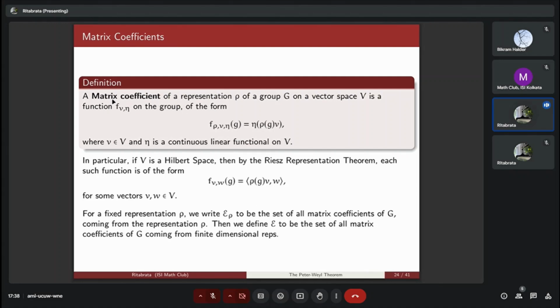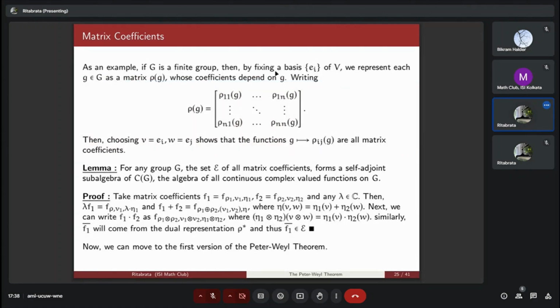So why do we call them matrix coefficients? We'll see a short example. If G is a finite group, then we fix a basis and a dual basis. For a representation of a finite group, we represent each group element by a matrix. So the matrix entries depend on the group element, and we can think of these entries as functions on the group. These entry functions are basically the matrix coefficients.